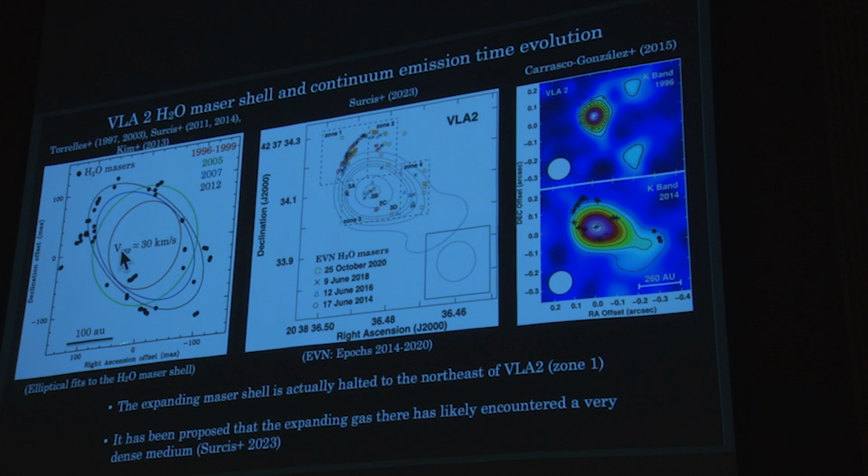This represents the elliptical fits to the water maser shell during different epochs between 1996 in red, green is 2007, 2012, and you see that at the beginning of our observation it is almost a circular shell, and in 2005 it increases, but also keeping more or less a circle, and in 2007 it increases, but being more elliptical, and at the end in 2012 more elliptical.